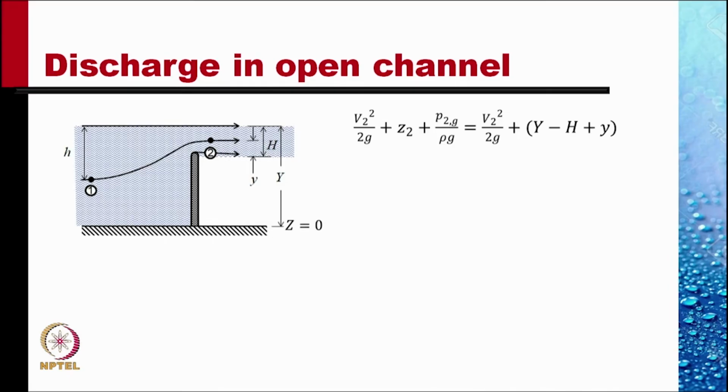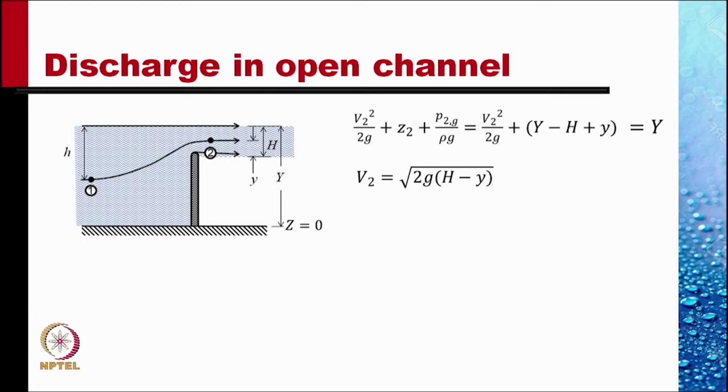This would be equal, at the second point, to V2 squared by 2g plus y, and so this would give you capital Y as evaluated before. So this gives you V2 equal to the square root of 2g times (H minus y). This is the velocity at point 2.